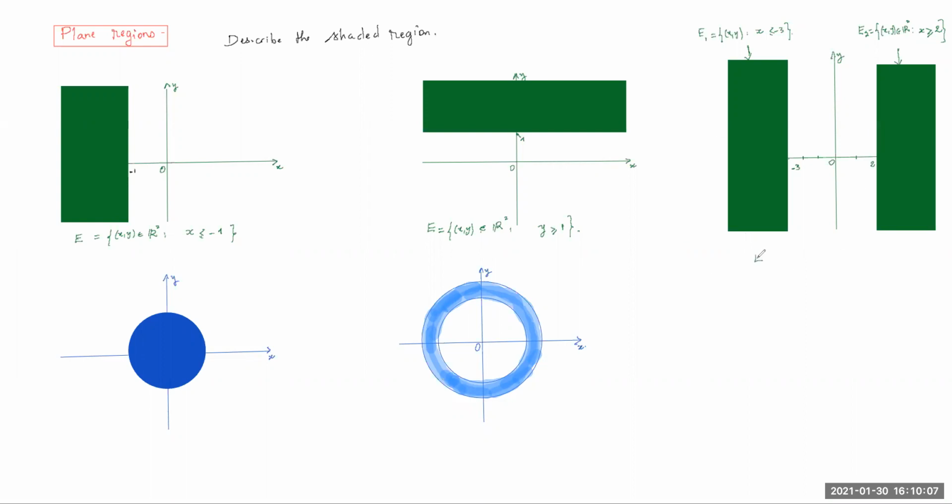I will say my set E is the union of these two sets. Depending on the quantities you are given, you can sometimes simplify your description, but here we cannot simplify it. So I will just say x less than or equal to -3 or x greater than or equal to 2, to say that either I have this situation or this. That means I'm regrouping both of them.